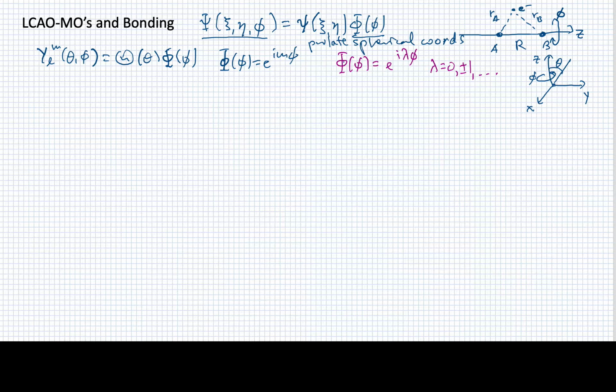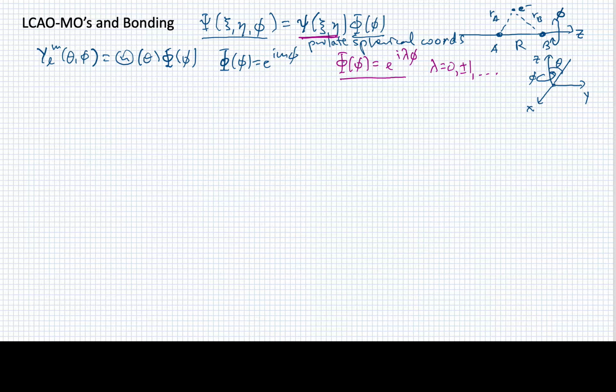Now, I'm only mentioning this because this is the part of the solution that we're really going to care about. It turns out that the functional form of the Xi and eta parts of this wave function are not impossible, but they're a little complicated, and it makes doing the math a little bit more difficult. So we're not really going to use the exact wave functions for H2 plus when we start talking about other molecules.